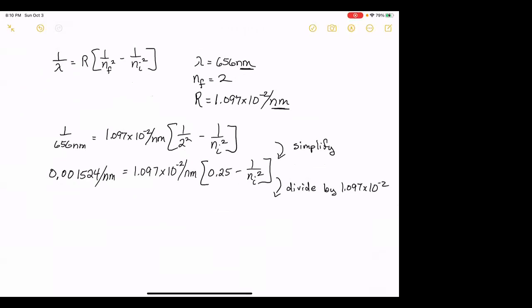So basically that's going to cancel out the 1.097 times 10 to the minus 2 on the right-hand side, and the left-hand side becomes, well, let me do it again because I think I screwed up.